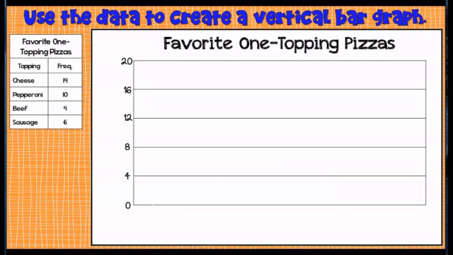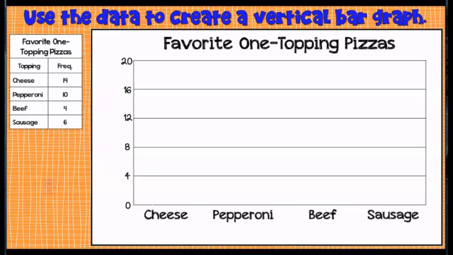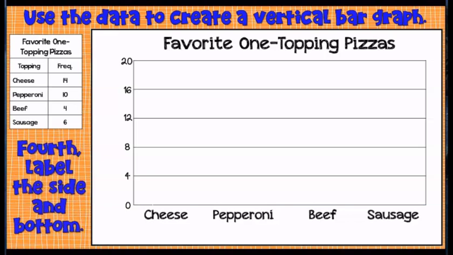Our next step is we're going to add the survey choices. And when I say survey choices, you can see where it says the different types of toppings. We have cheese, pepperoni, beef, sausage, and I put them right on the bottom. And then we're going to label the side and bottom.